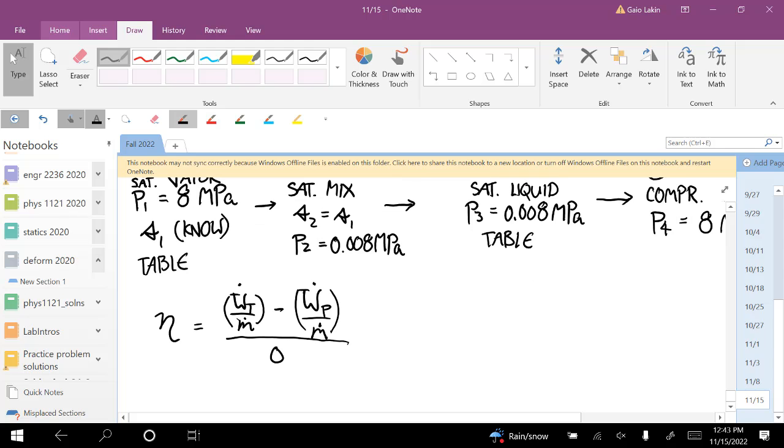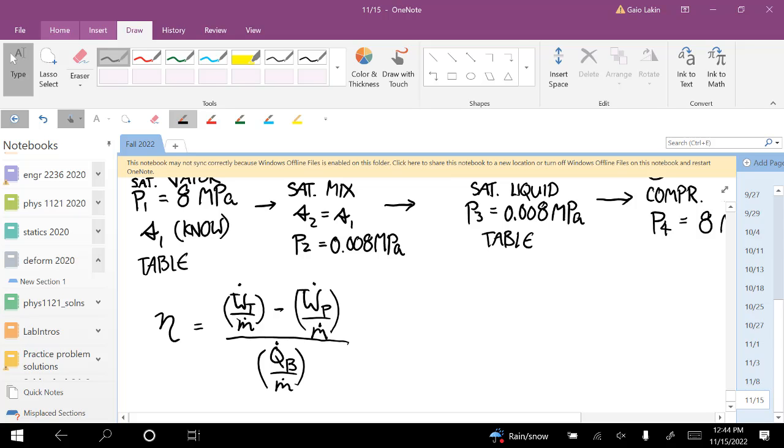Work in the pump too, on top of getting work out from the turbine. Yeah, that's right. So you're using some of that energy from the turbine to power the pump. And if it takes more to power the pump than you're getting out of the turbine, then your plant is useless. And we're dividing by the heat at the boiler divided by M dot.